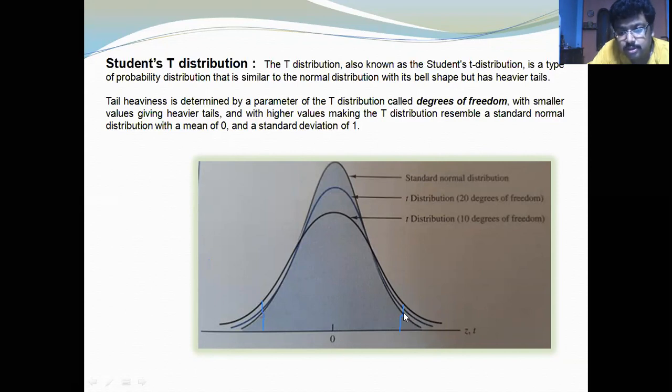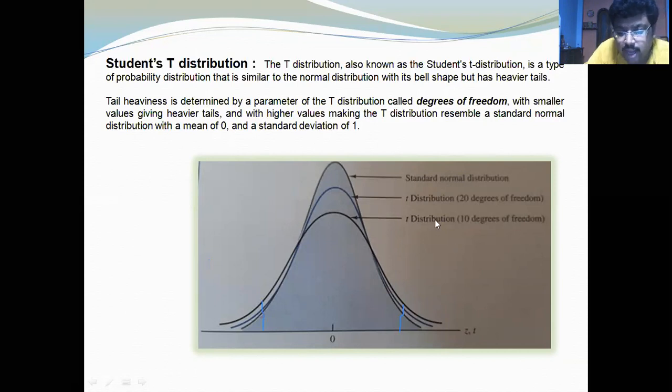Okay, this area, and this area is represented by the alpha. So this portion is nothing but the 1 minus alpha. Okay.